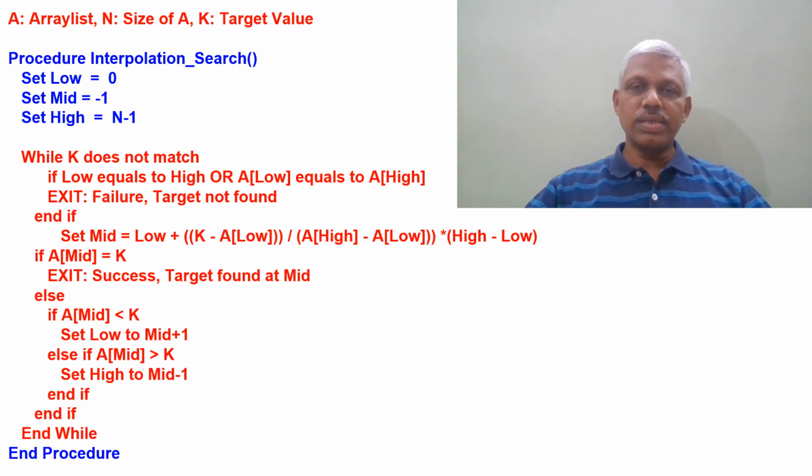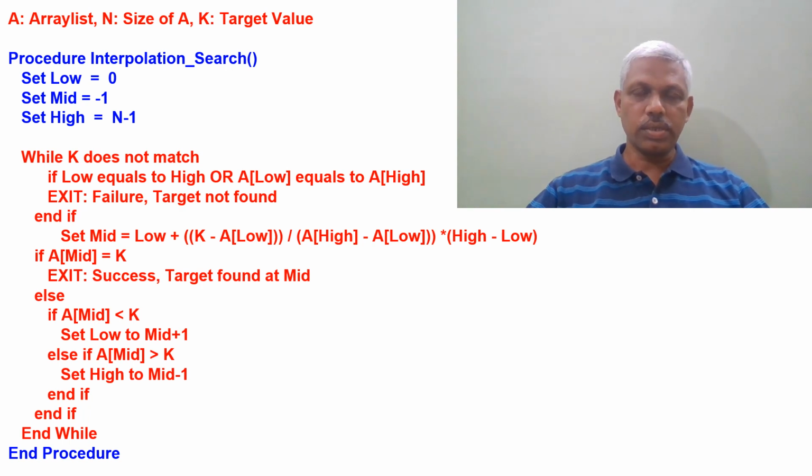So if a of mid is greater than k, that's an indication that this k value may lie in the subarray to the right of this. So we set low as mid plus 1. Since at mid also the key is not found, obviously it should lie between mid plus 1 and high. So low is adjusted to mid plus 1. Or if k is less than a of mid, that means the key value is to the left of a of mid, so the high value has to be adjusted.